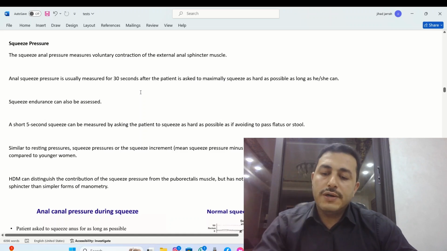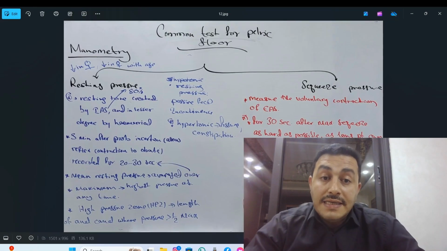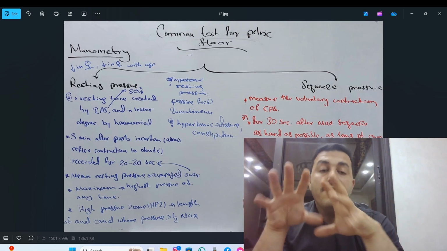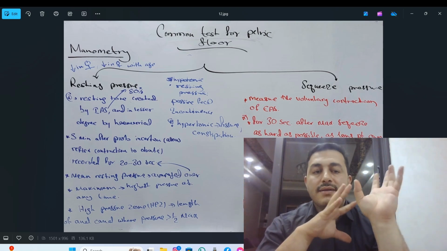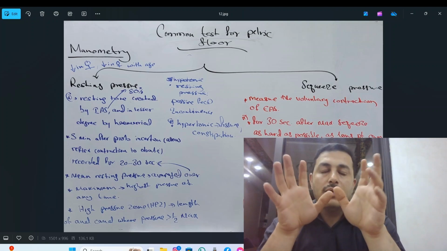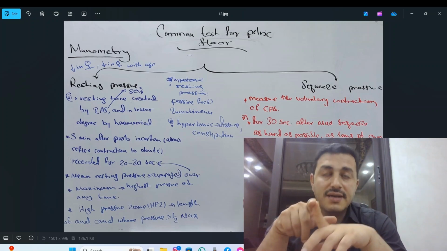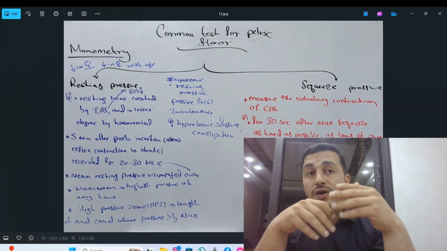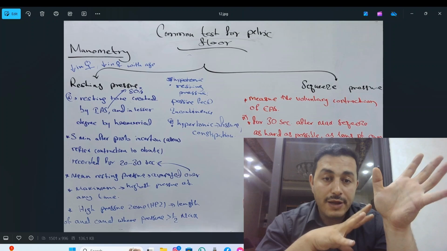Squeeze pressure: the squeeze pressure measures the voluntary muscles, or the external anal sphincter. Again, we measure the squeeze pressure over 30 seconds. We repeat this maneuver 3 times and we take the maximum value.